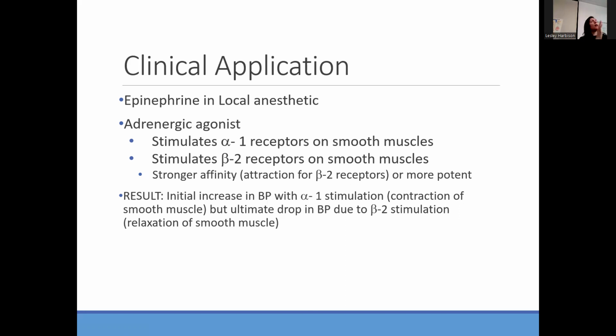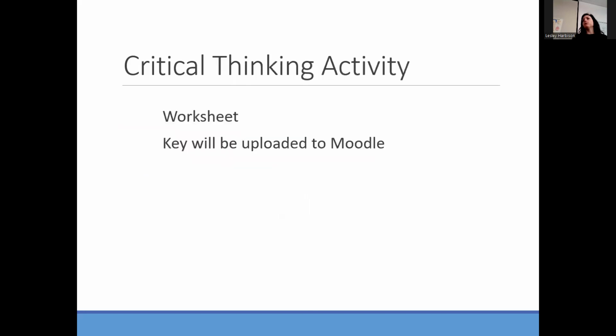A lot of times patients don't understand that, and it's a safety thing really. Of course, there are people with bad cardiac conditions where we have to be cautious, and there are reasons not to throw epinephrine at everyone all the time. But local anesthetic in itself can actually lower blood pressure.